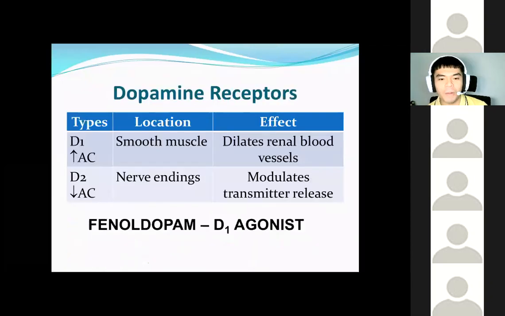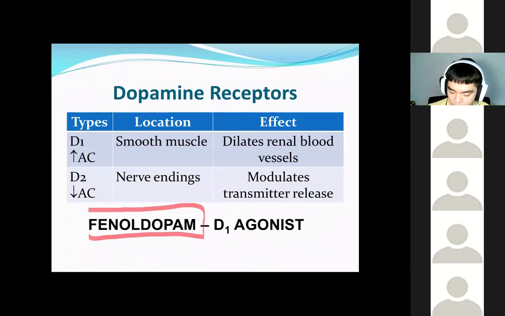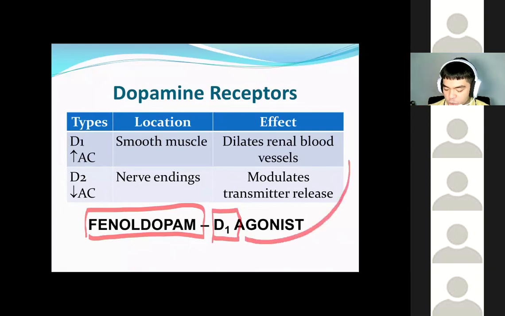Next, for dopamine agonists, we only have one example, and that is fenoldopam. It is a dopamine 1 agonist. As you can see, it activates dopamine 1 receptors, so its effect is renal vasodilation.